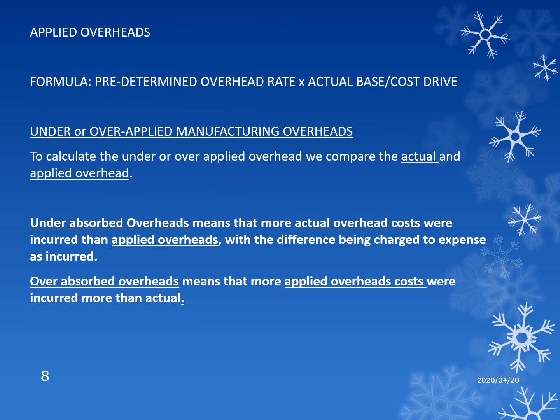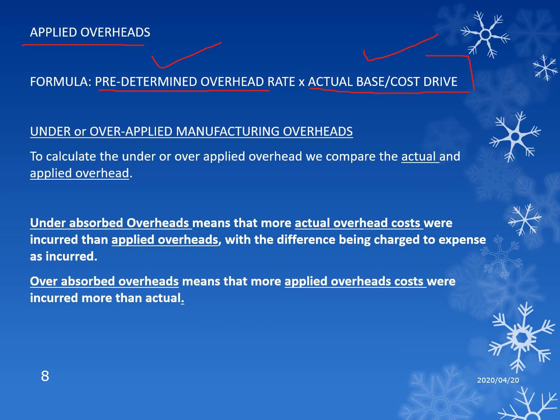Then to calculate your applied overheads, you take the predetermined overhead rate and multiply by the actual cost driver or actual base. The base will be given. You will be given both budgeted and actuals. So you need budgeted to calculate POR, but you need POR and the actual cost driver to calculate applied.